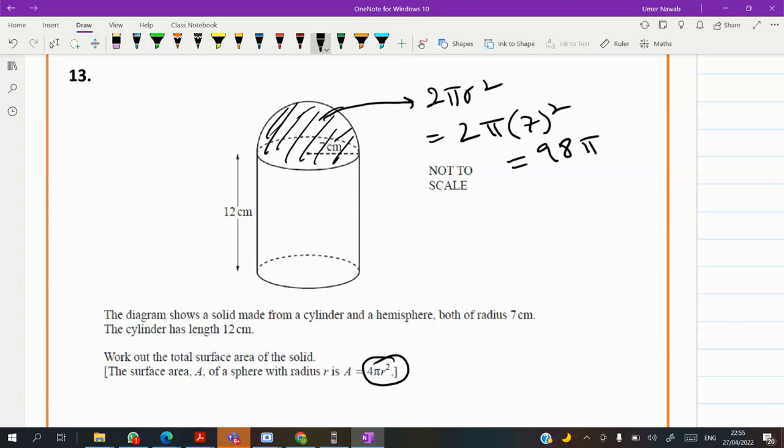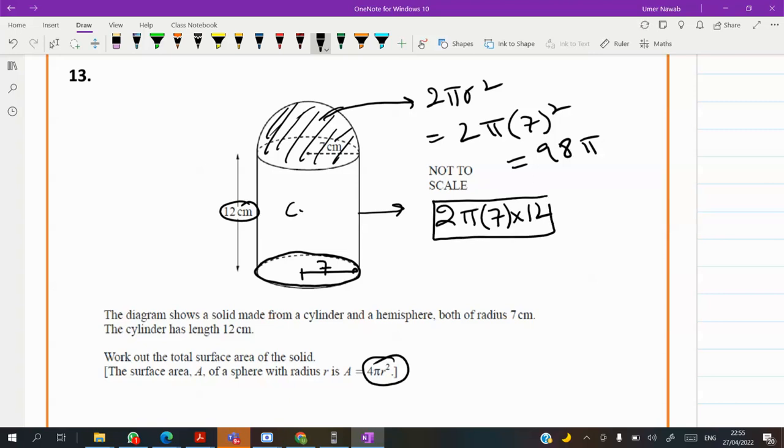You just need to take the curved part of the cylinder. The curved part of the cylinder is 2 pi r times height. Why curved part? How did I get it? The radius is 7. So 2 pi r, that is 2 pi 7, is the circumference. Multiply with the height. This will give you the curved surface area of the cylinder.